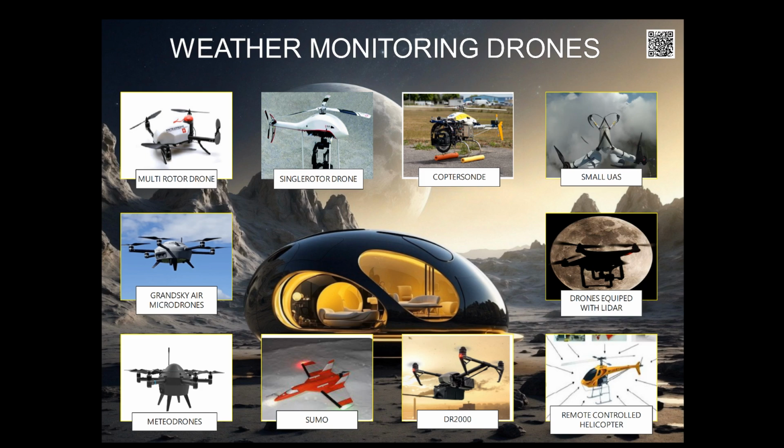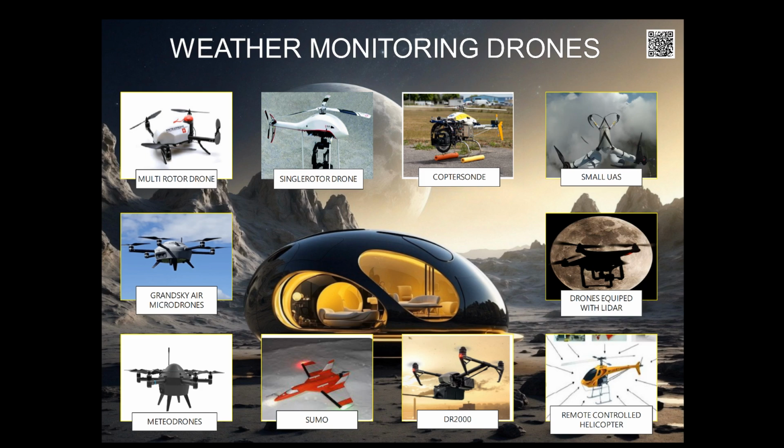Okay, the first example is the multi-rotor drone. They are quadcopters, that means there are multiple blades with the help of which it flies, right? So there are multiple rotors, either six or eight, and there are various versions coming out day by day.